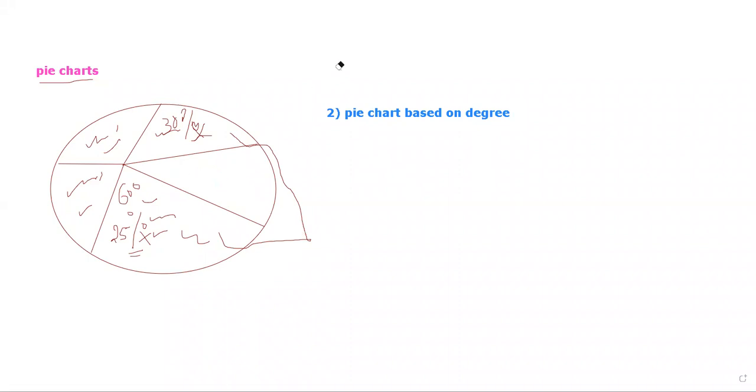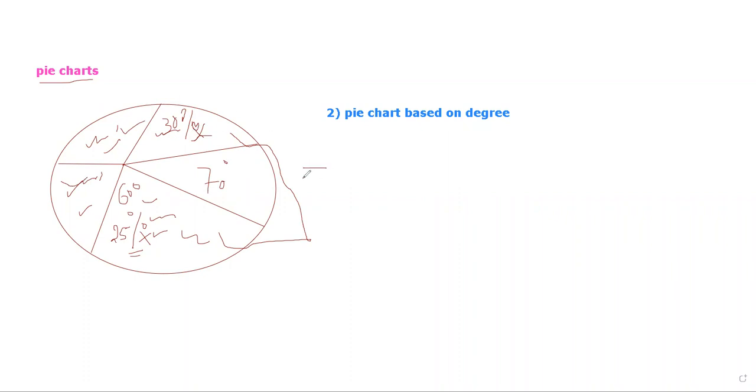And this one represents 70 degrees, an example I'm giving you. Similarly, this represents some other degree, and this represents some other degree. Clear?